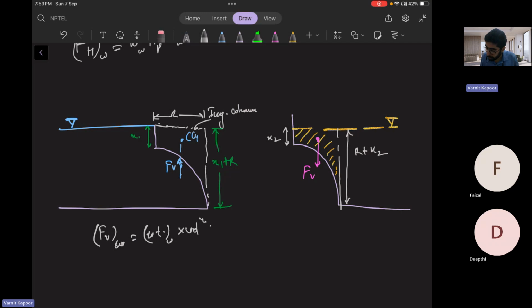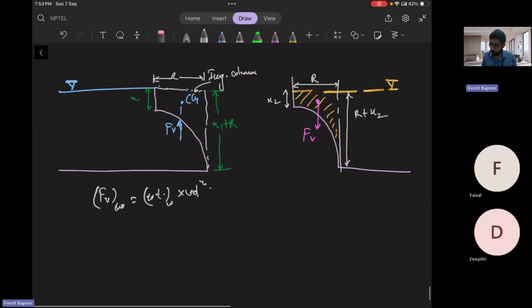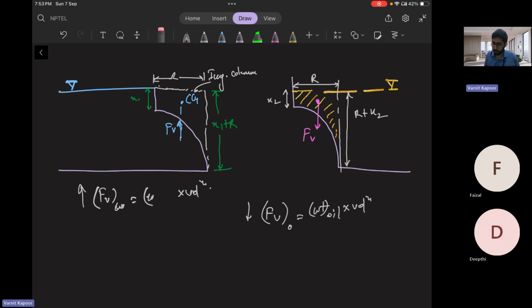And this is r only. Okay, so Fv, this is acting upward, this is acting downwards. Fv of oil is the weight of oil, rho g into volume. So W of oil I should write, not weight. Sorry. W of water, W of oil into volume.